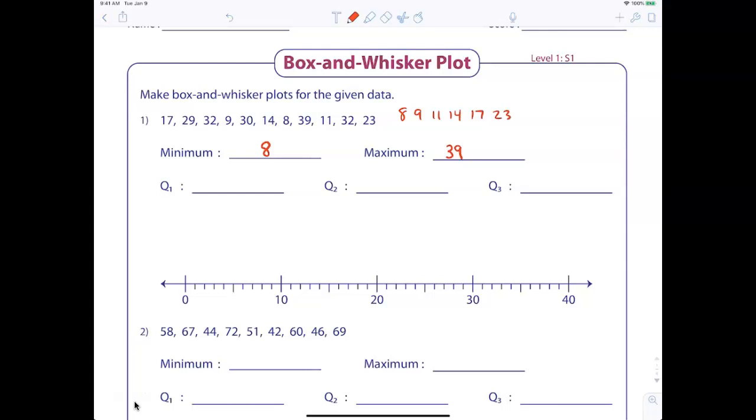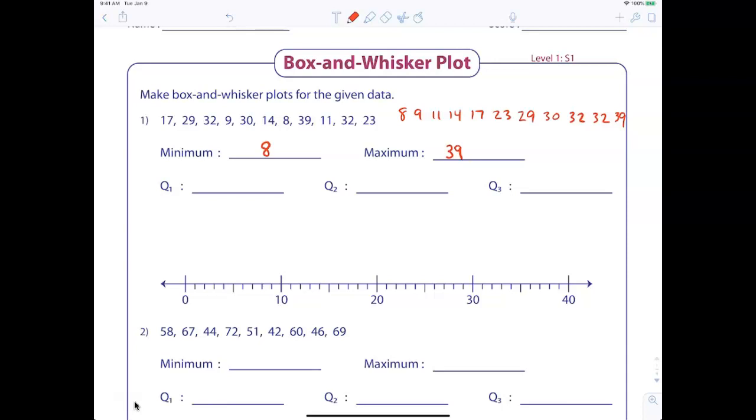Hold on a second. Go back to 23. You went too fast. After 23: 23, 29. And then 30, 32. And then 32 and 39. Is there 2 32s? Yeah, there's 2. All right. So there's the data.